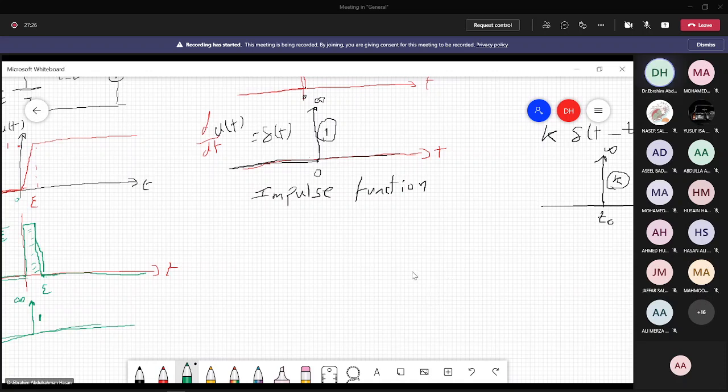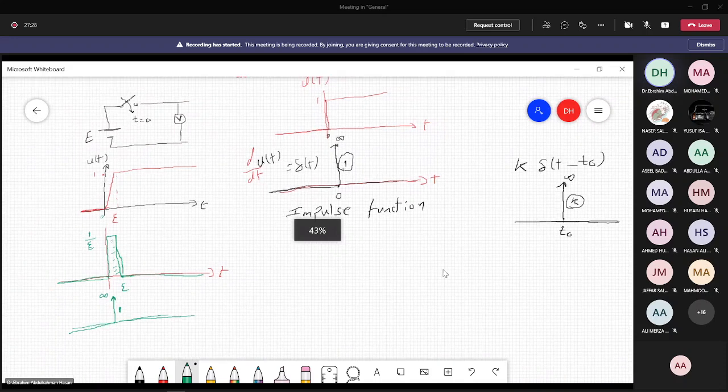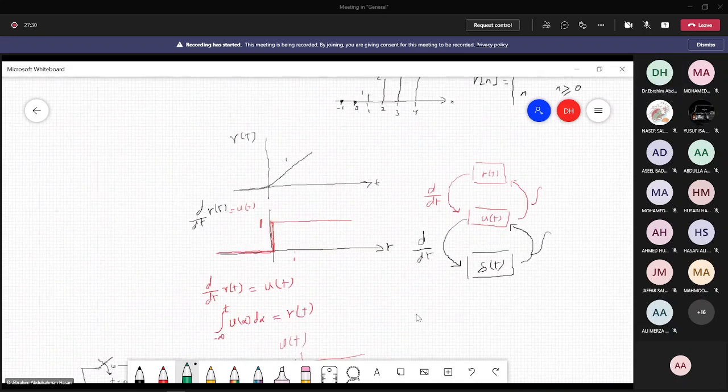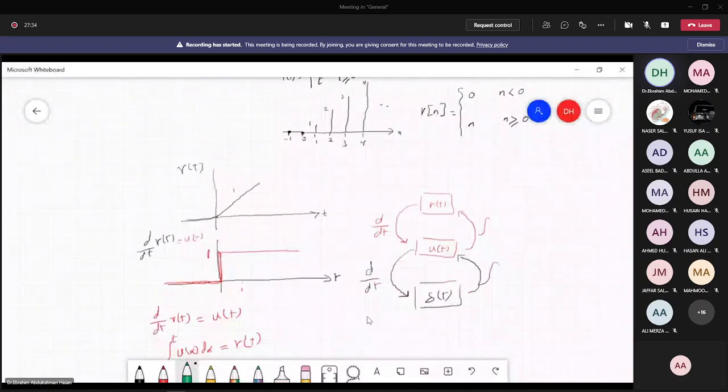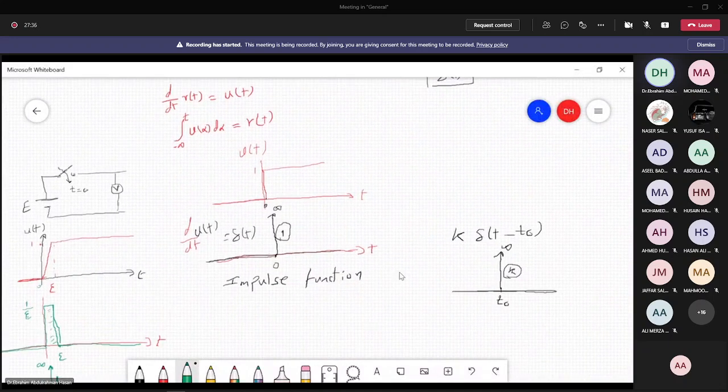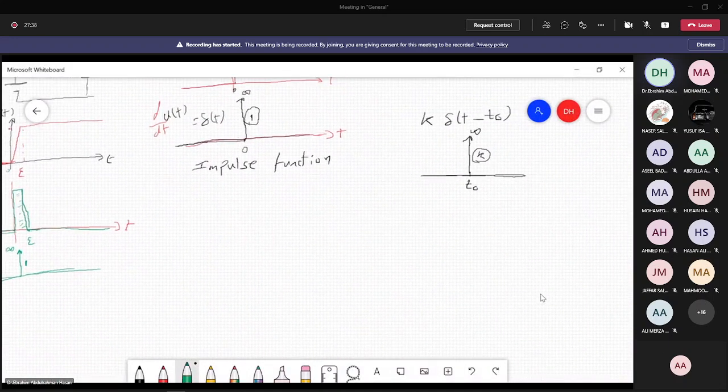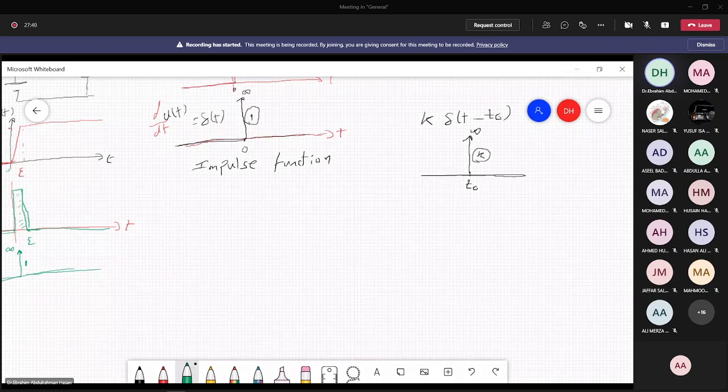Before piecewise linear functions, let's talk about discrete impulse. This is n. So at 0, then -1, -2, 1, 2.